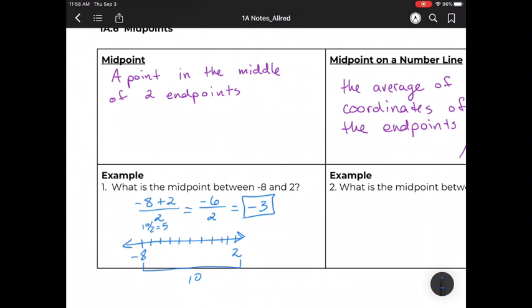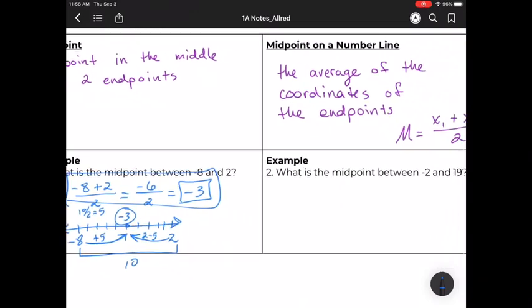So I'm going to go 5 from -8 and 5 backwards from 2, and it gets me to the same point. If I did -8 plus 5, it puts me at -3. The same thing with +2 minus 5 puts me at -3. So there's another way we could look at that answer graphically. If this top way made sense, that's all you need to be able to do.